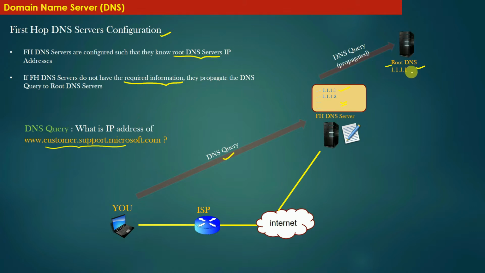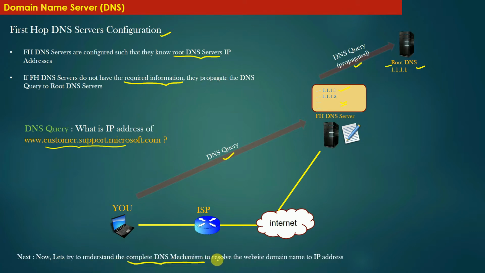And it does this by propagating the DNS query to the root DNS server. Right? Now what happens thereafter? So in that case, we will try to understand the complete DNS mechanism to resolve the website domain name to IP address. So by now you know the functionality of first hop DNS servers, that is why it is there.